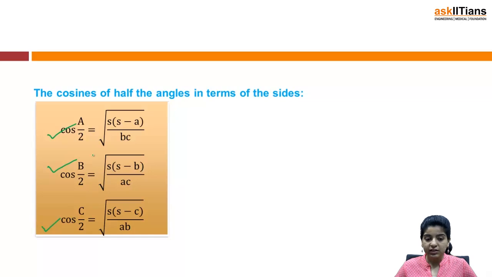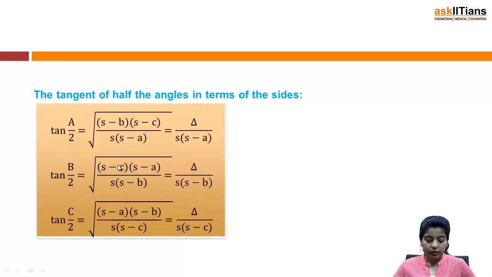Now in this case the scenario is quite different: if you have cos A by 2, then in the numerator you will have the side corresponding to it, that is s minus a, and in the denominator bc, and the whole term will be under root. Until and unless you practice a good number of questions based on these formulae, you are likely to get confused between these.